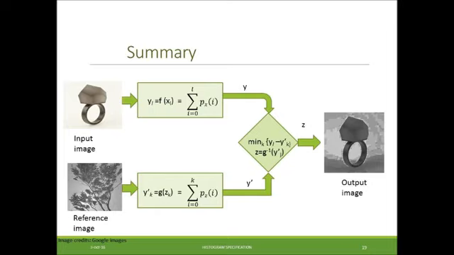After applying histogram equalization and computing the cumulative distribution function, we arrive at a lookup table which transforms the histogram of this reference image to this input image. Finally, we get an output where the input image has the histogram of the reference image.